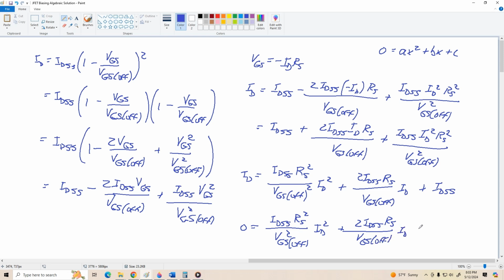And now we're going to subtract I sub d plus IDSS. And the reason I did it here was just to associate the I sub d to the first power terms with each other to make it absolutely clear what's going on.